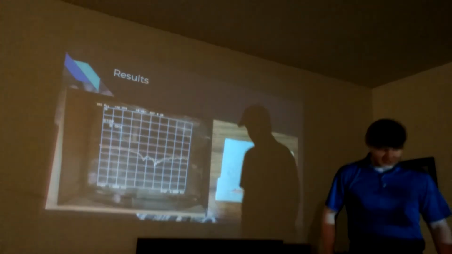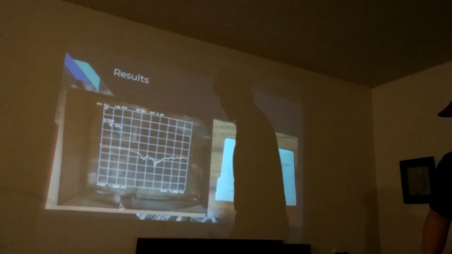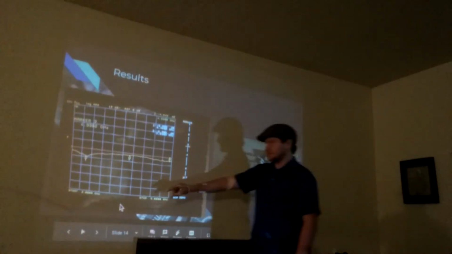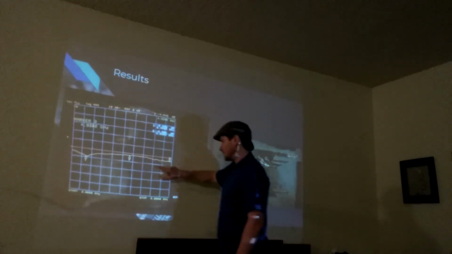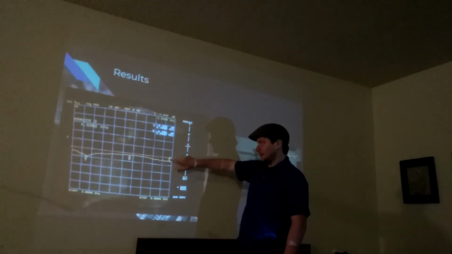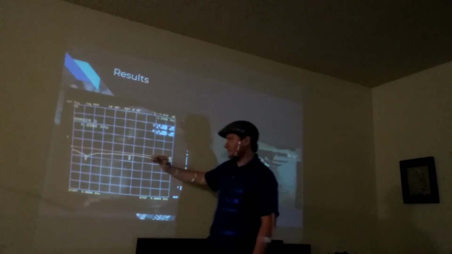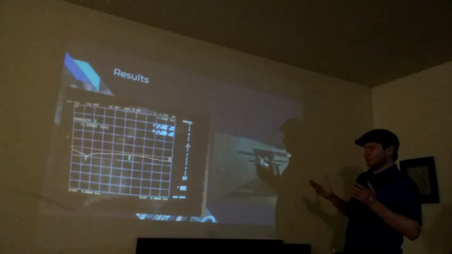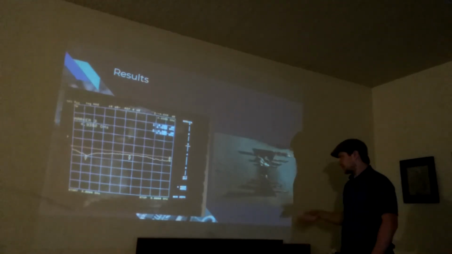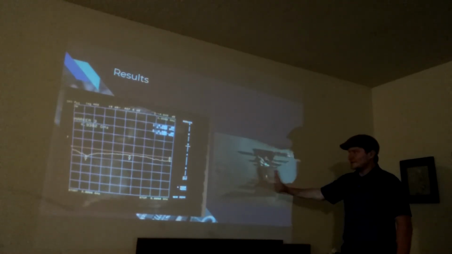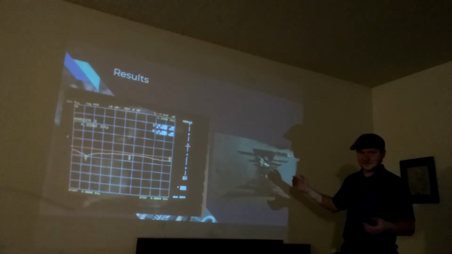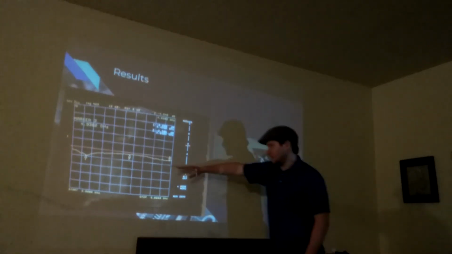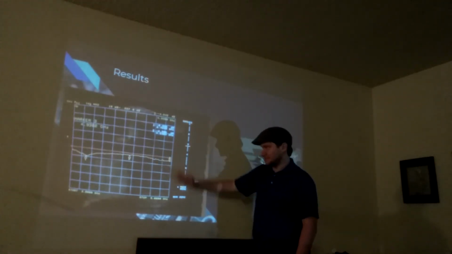And with that, I got the range of frequencies that I was going for, where this is 2.4 and this is 5, and notice how it's very flat along there. Now unfortunately it wasn't perfect because my cutout wasn't perfect, and for that reason I think that's why it wasn't perfectly flat along the S11 parameters for the frequencies I was going for.